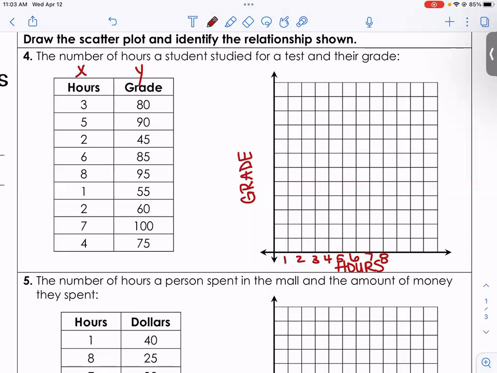Then we have 45 all the way to 100. I'm going to count by fives, starting right here on this second line at 50, and then 60, 70, 80, 90, 100.